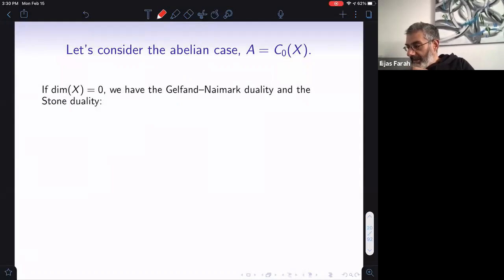Okay, so again, still considering the abelian case. Now, if X is zero-dimensional, namely if it has a basis consisting of sets which are both closed and open, then, okay, we have Gelfand-Naimark duality between C-star algebras and topological spaces, but we also have Stone duality between compact zero-dimensional spaces, Stone spaces, and Boolean algebras.